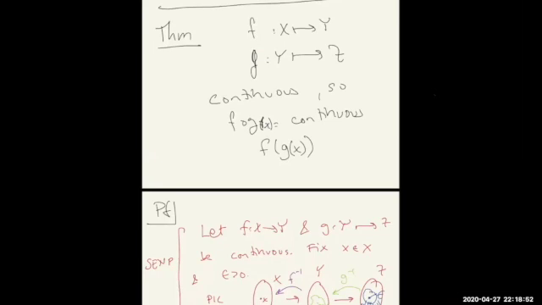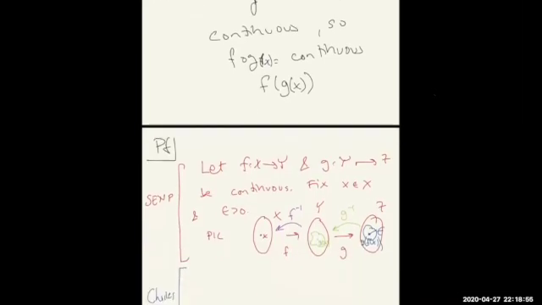One way to visualize this is that you have the space X, f maps that into some subset of space Y, and then g maps all those points into space Z. And this function should be continuous intuitively because if you change x a little, f changes only a little, and then by continuity of g, g changes only a little.